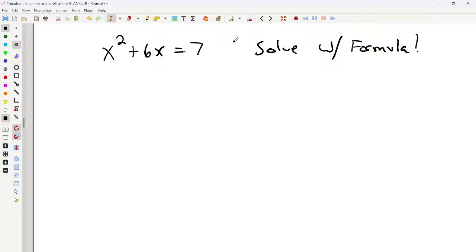Set one side equal to 0. Oh, we can do that. Subtract 7 from both sides. X squared plus 6x minus 7 equals 0.